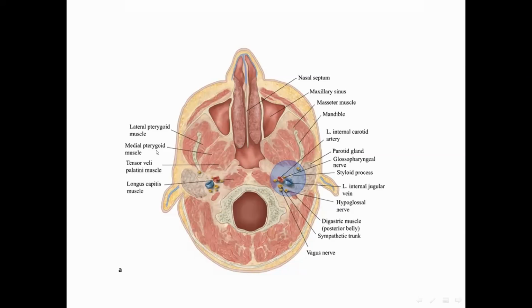According to this image, if we imagine the position of the bullet, maybe it will be here. You can imagine how close the bullet was to the internal carotid artery and to the body of the cervical vertebra.